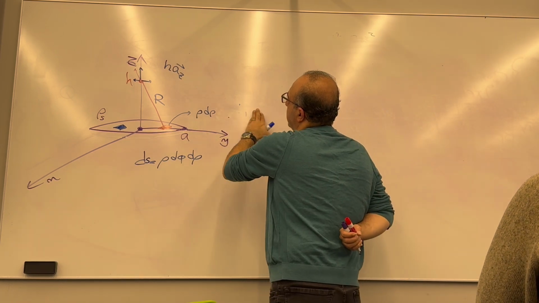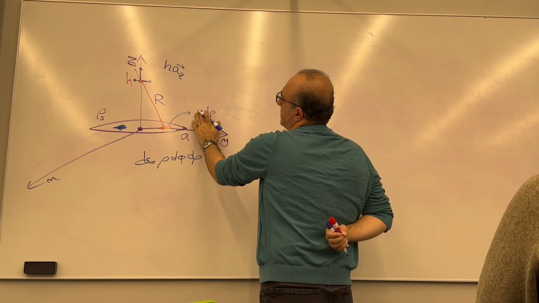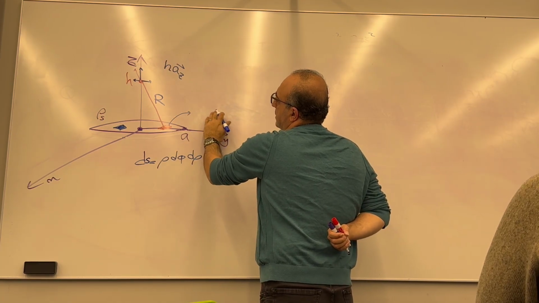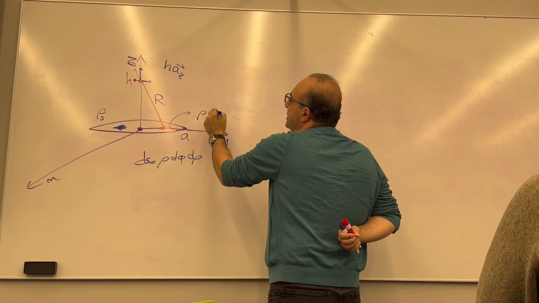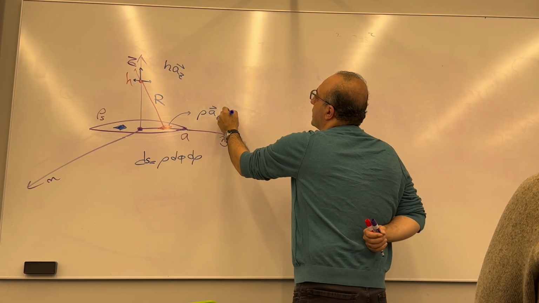So, okay. I made a mistake. It's not d rho, it's going to be rho A rho. Sorry, I said d rho. Okay? This is going to be the location.